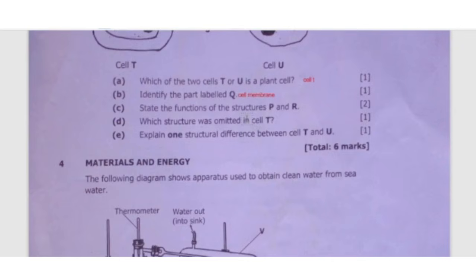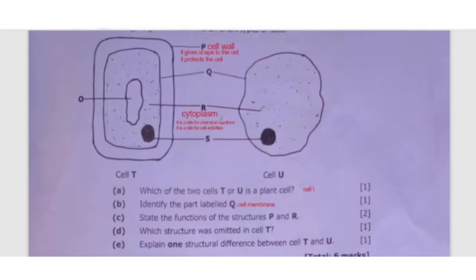Which structure was omitted in cell T? In this cell T, we have got 5 structures that are there. Now which one was omitted? We have got nucleus, we have got vacuole. The one which was omitted is chloroplast.